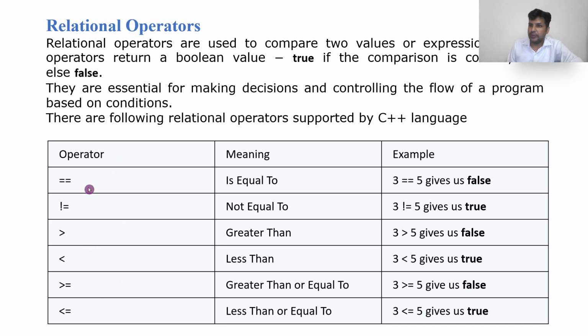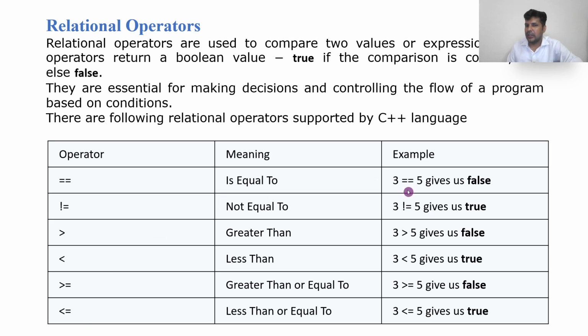First, equal to. Why do we use double equal to? Because single equal to is already used as the assignment operator, so it would be confusing. So C++ has provided a double equal to. Then not equal to, greater than, less than, greater than or equal to, less than or equal to.